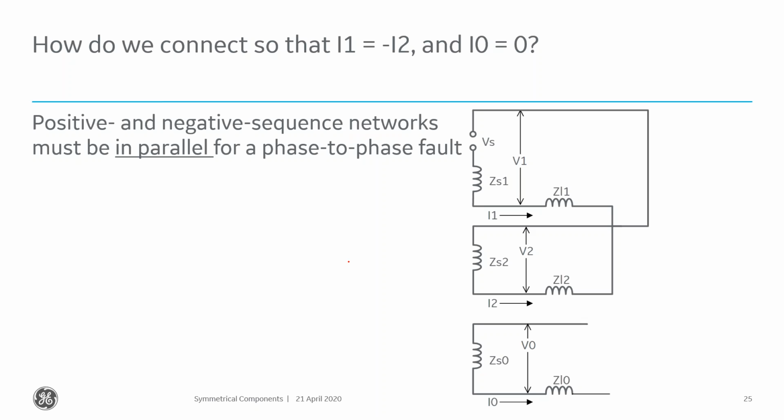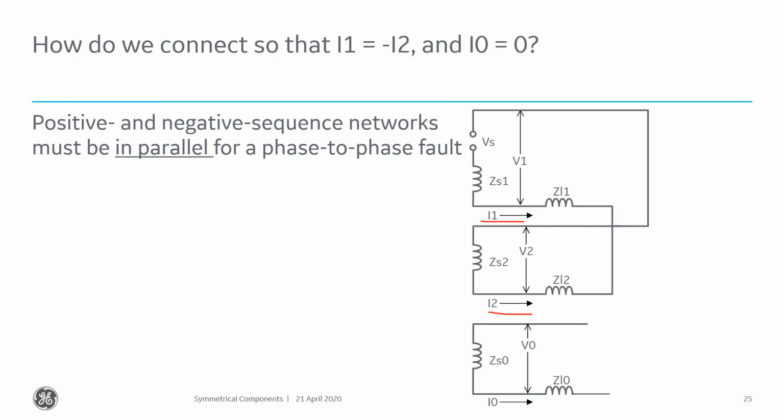Likewise, we do have negative sequence current flowing, because the positive sequence network and the negative sequence network are connected in series. It's equal to the positive sequence current, and they're flowing in the reverse direction to each other, basically.